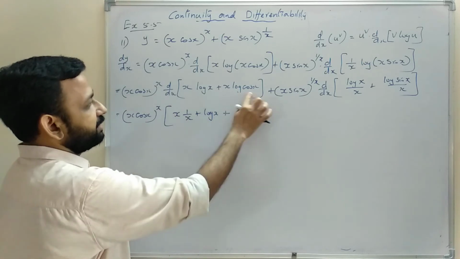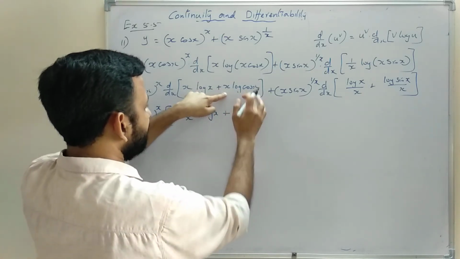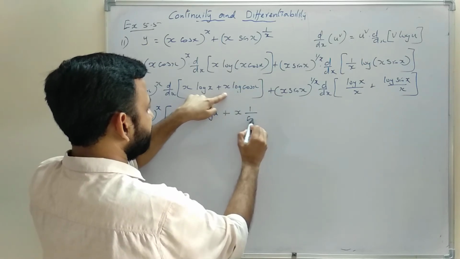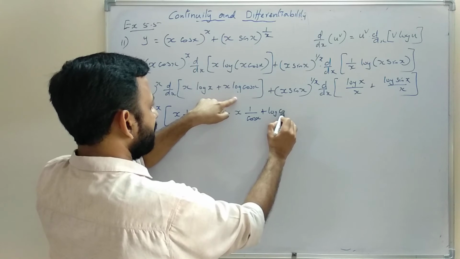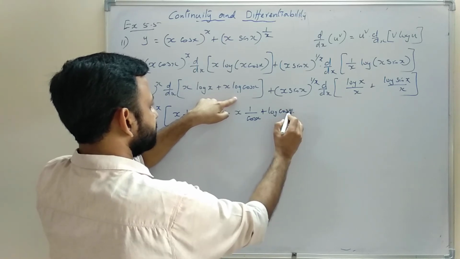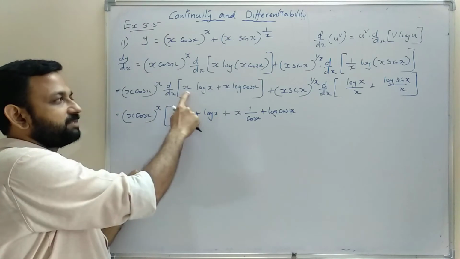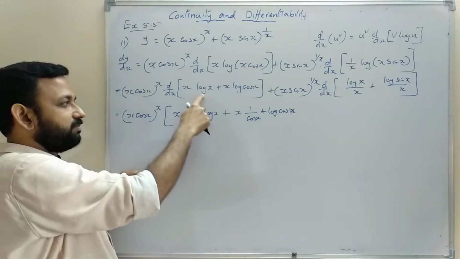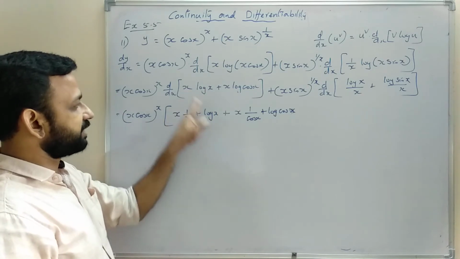Plus again the product rule: first function x into derivative of log cos x, that is 1 by cos x, plus log cos x, once again.